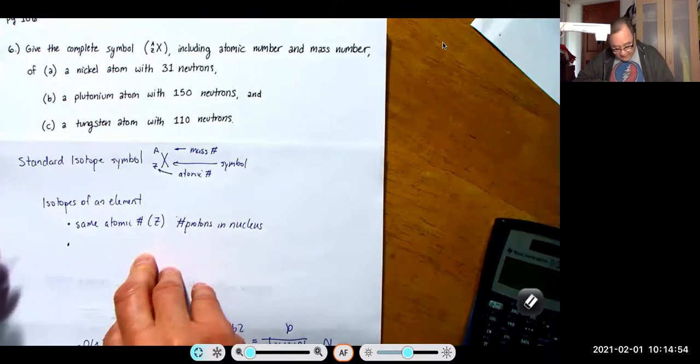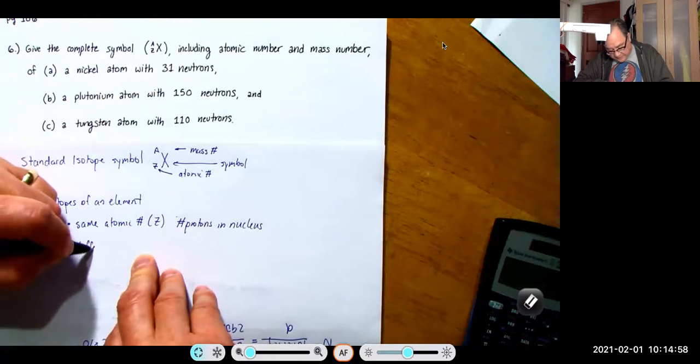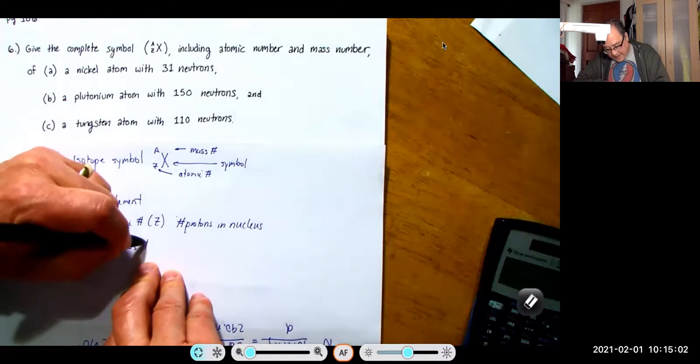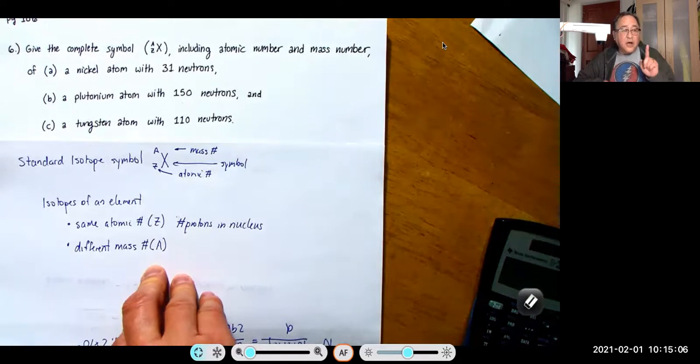Secondly, isotopes of an element have different mass number, A. So that means a different number of neutrons in the nucleus.